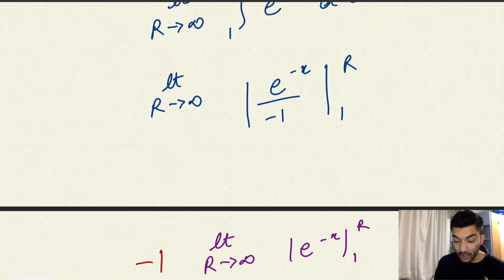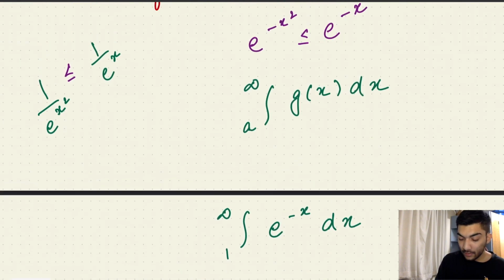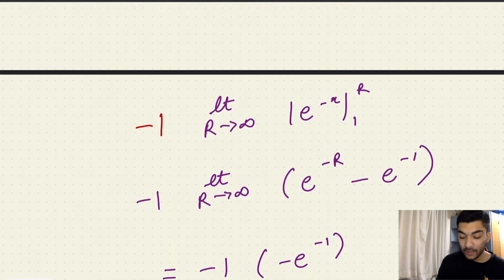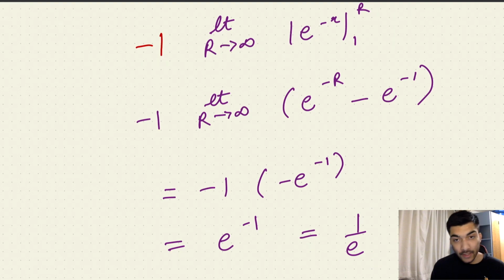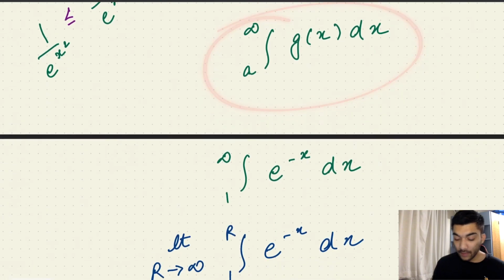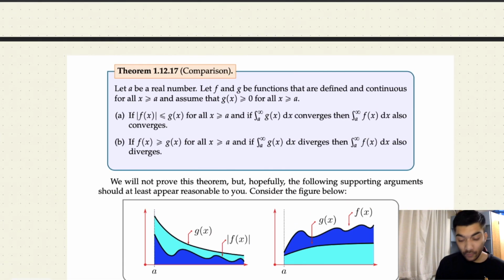So now we know that if we solve this definite integral, the definite integral for our second function, we can clearly see that our definite integral has a real solution to it, right? So we know that this integral, our g of x dx integral, converges.